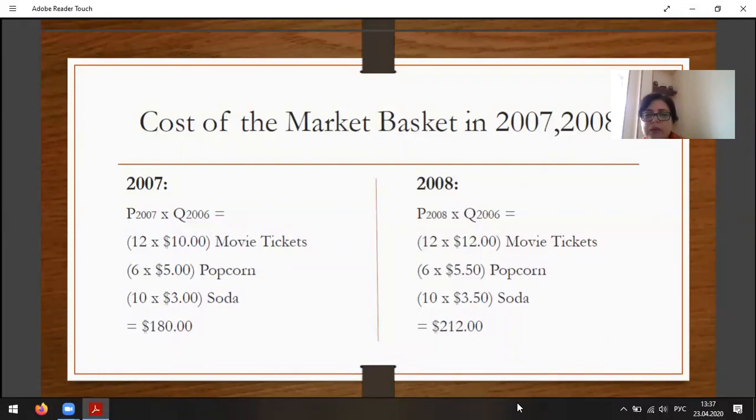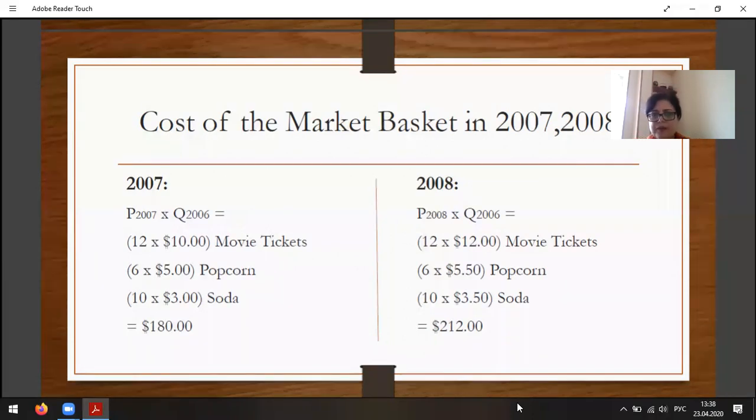That's why we multiply the new price of movie tickets, that's $10, by the 2006 year quantity, and the new price of popcorn by 2006 quantity 6, and the same we do for soda. So the total number of dollars spent for the 2007 market basket in terms of quantities of base year is $180.